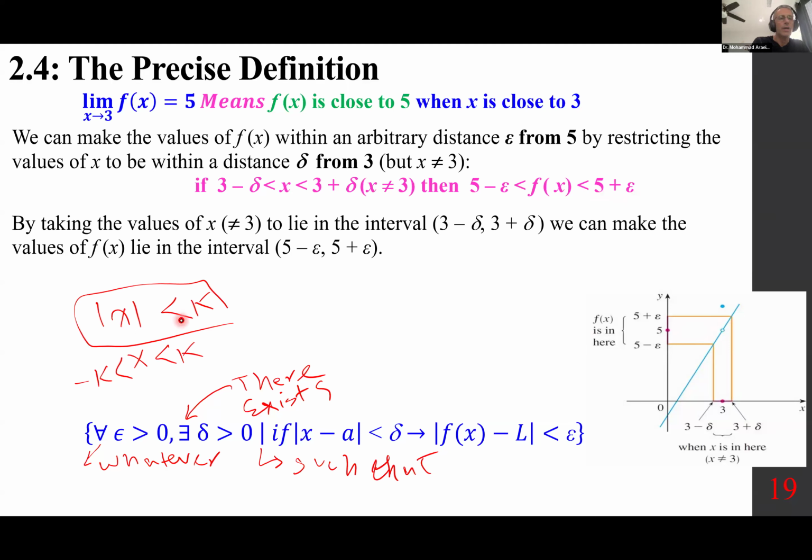By taking the values of x, in this case not equal to 3, to lie in the interval of 3 minus delta and 3 plus delta, we can make the values of f of x, meaning the y coordinate, lie in the interval of 5 minus epsilon, 5 plus epsilon.